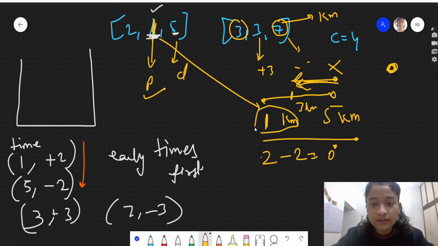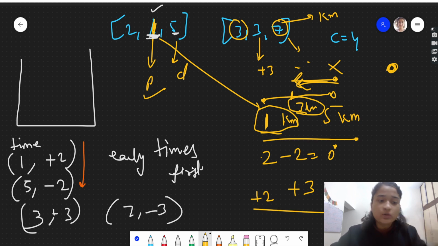First 1 kilometer, where we add 2 passengers, then 3 kilometer, where we add 3 passengers, then 5 kilometer, where we subtract 2 passengers, and then 7 kilometer, where we subtract 3 passengers. So we need to take them in sorted order.